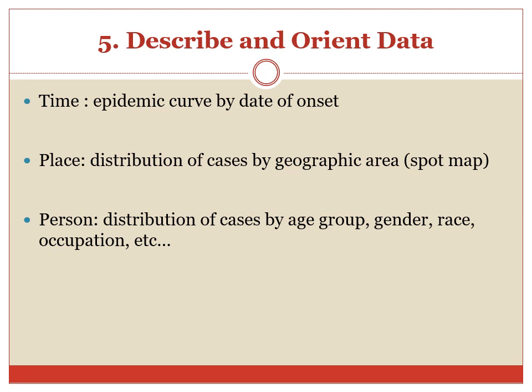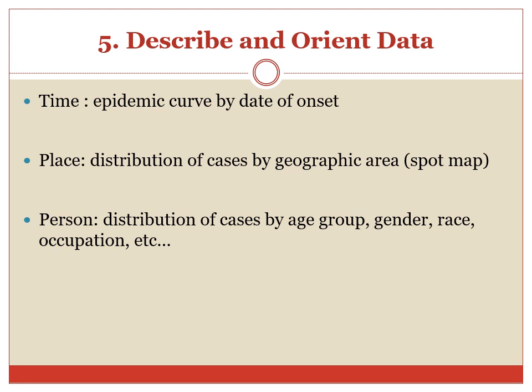We can describe the data by place, by geographic area, as we saw at the beginning of the presentation with the geographical areas showing the endemicity, the sporadic cases, the epidemic, etc. This is what we call a spot map. And it allows us to distribute the cases by geographic area. And you can describe the data based on person: by age group, gender, race, occupation, etc.